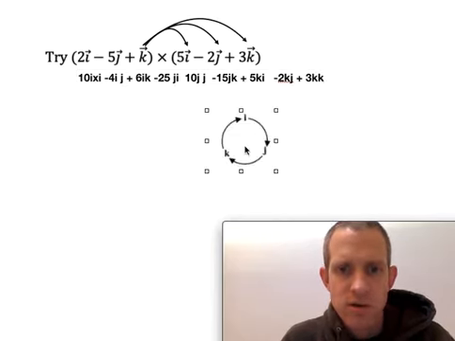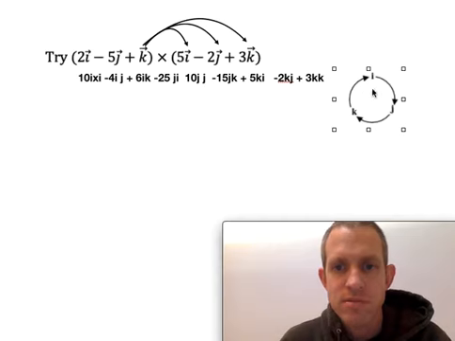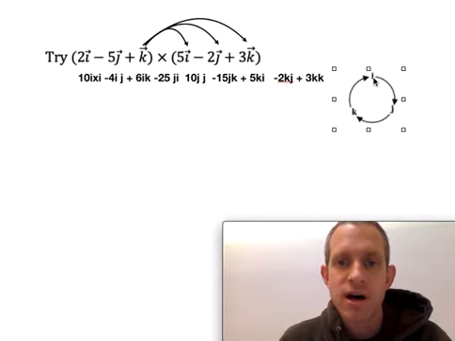And now's when our wheel will come in handy, because each of these different expressions can be replaced with something. i crossed with j can be turned into a positive k, and the kj term can be replaced with a negative i term.